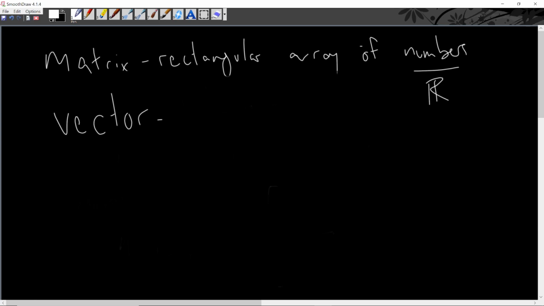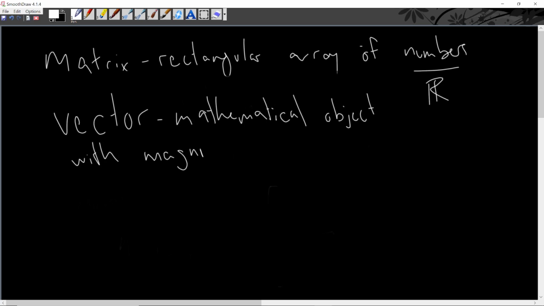One connects back to matrices, but let's actually talk about the first definition of a vector. It's a mathematical object with magnitude and direction. You will most likely see them written as a line segment with an arrow.